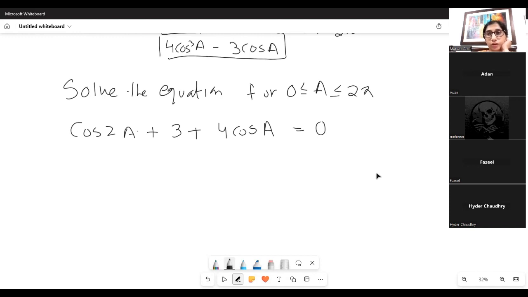We need to solve this equation. Solving means we have to find the value of the variable, which is A. What should we do in this question?